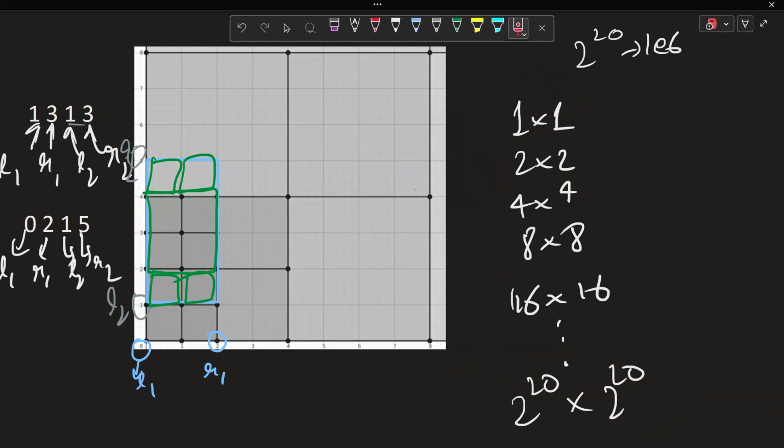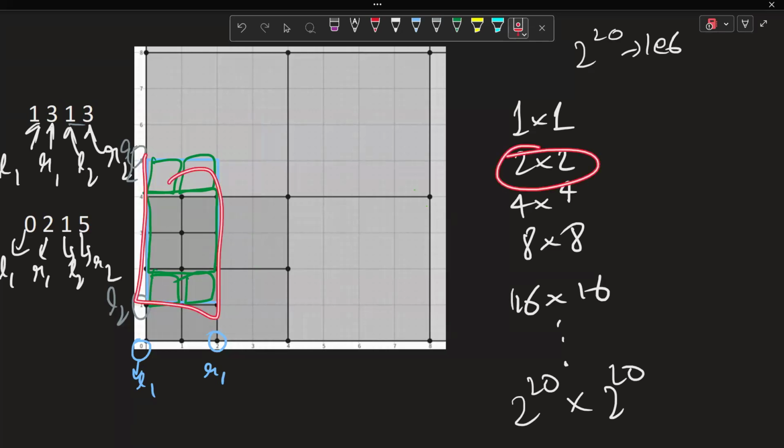So for any particular rectangle that you want to make, what would you try first? First, you would try the biggest square that you can take out of that rectangle. For this problem, any 4 cross 4 square would exceed the length of this rectangle, so you can never have a 4 cross 4 square here.